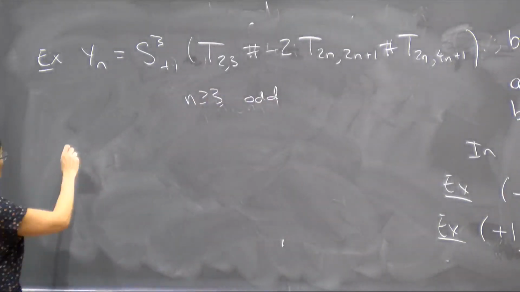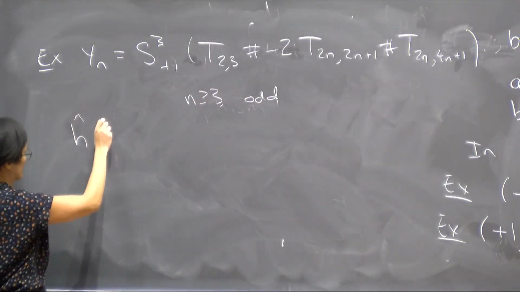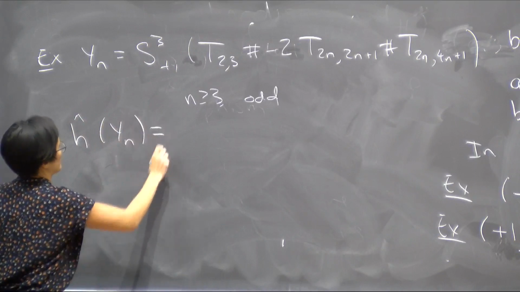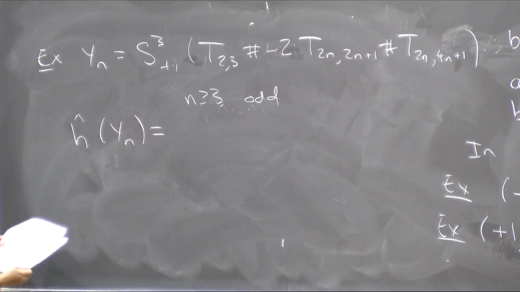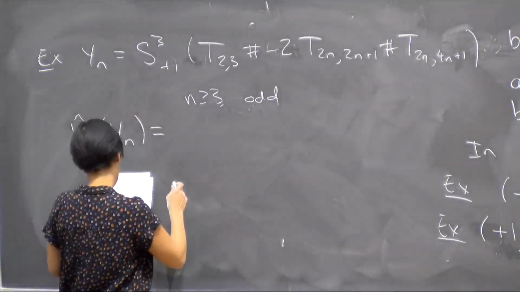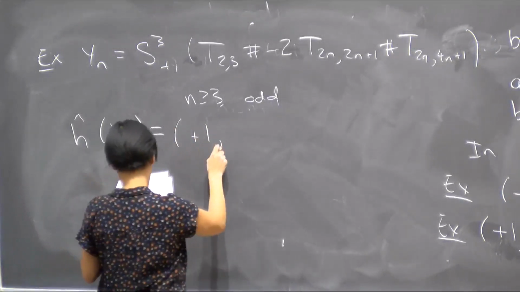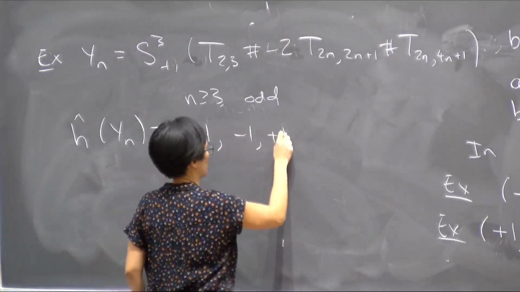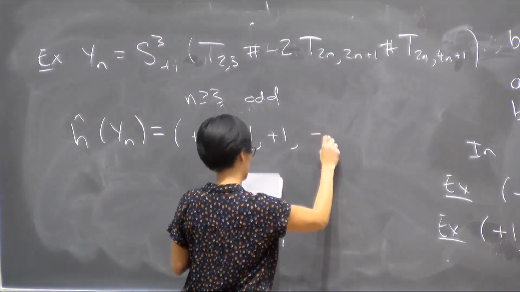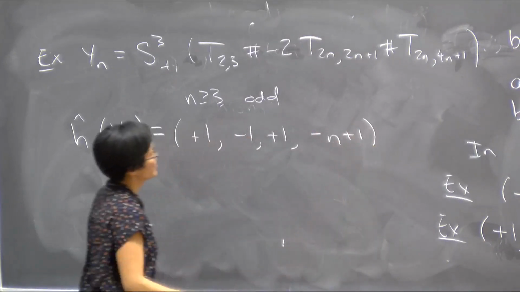So what sequence gets associated to this 3-manifold? The sequence that gets associated to Yn is plus 1, minus 1, plus 1, minus n plus 1.